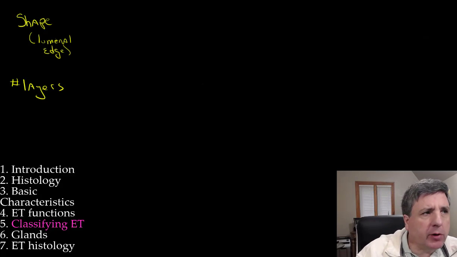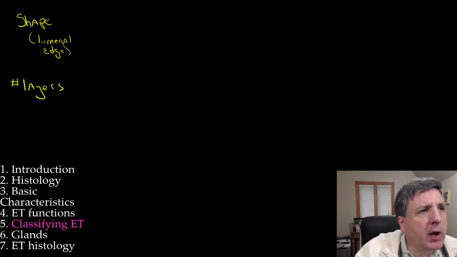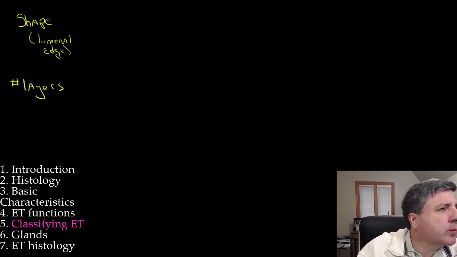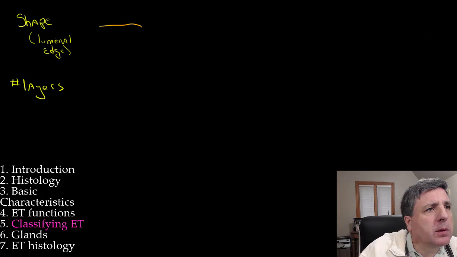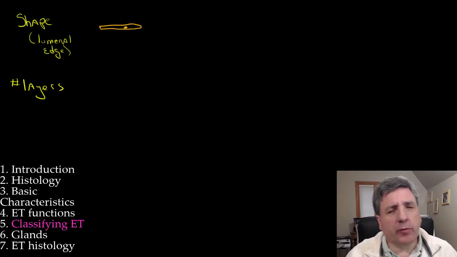So let's look at the different ways we can classify epithelial tissue by shape. So the first one, let me change colors here. Let's do this. So the first one is very, very thin.